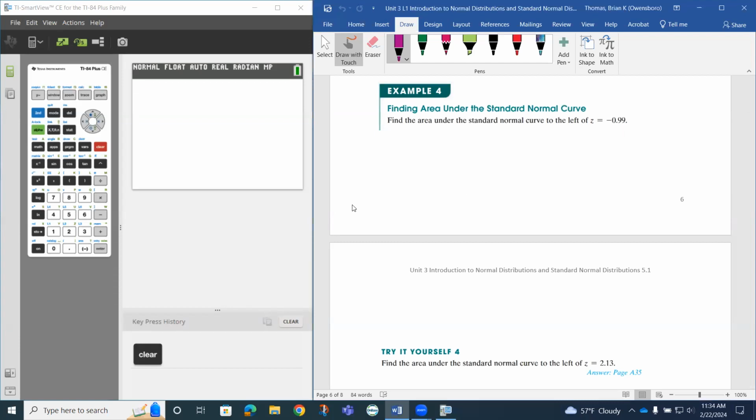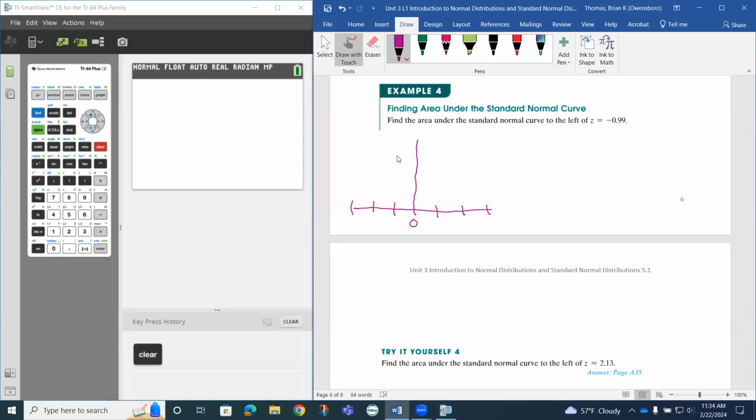So remember, since we're doing z-scores, draw this graph of a normal curve. With the standard normal curve, 0 will represent the mean, and then we have 1, 2, basically 3 standard deviations each way, and -1, -2, -3.